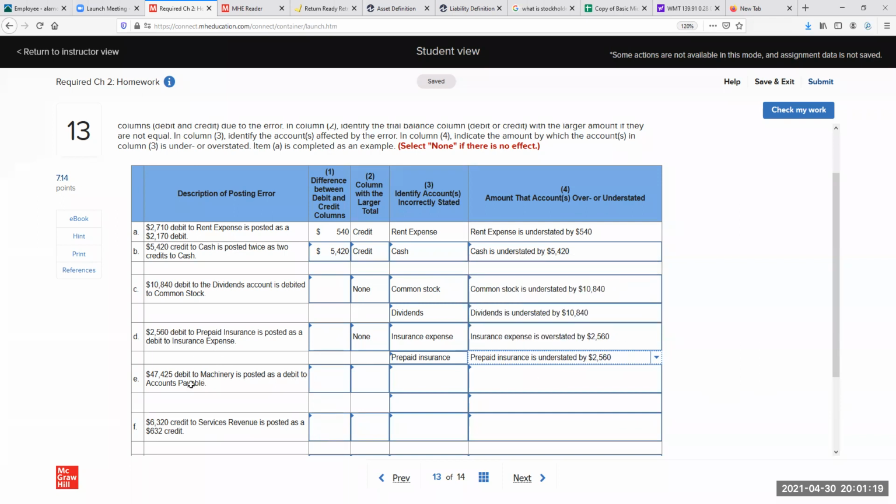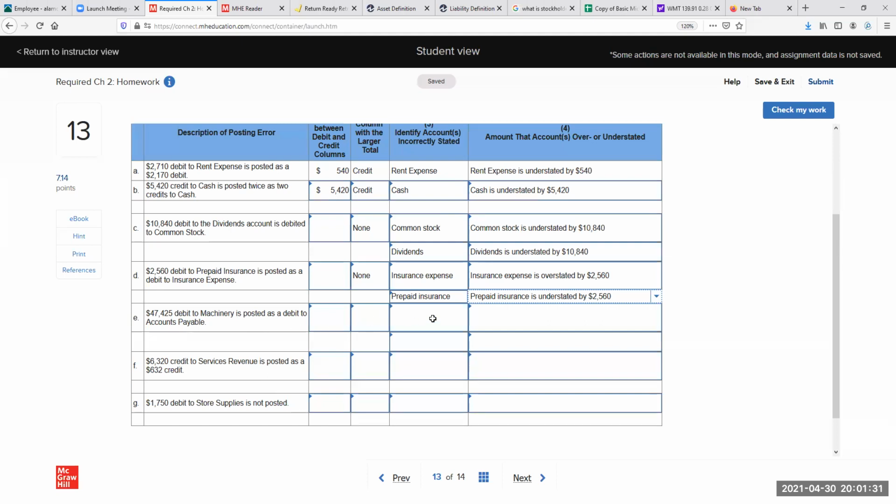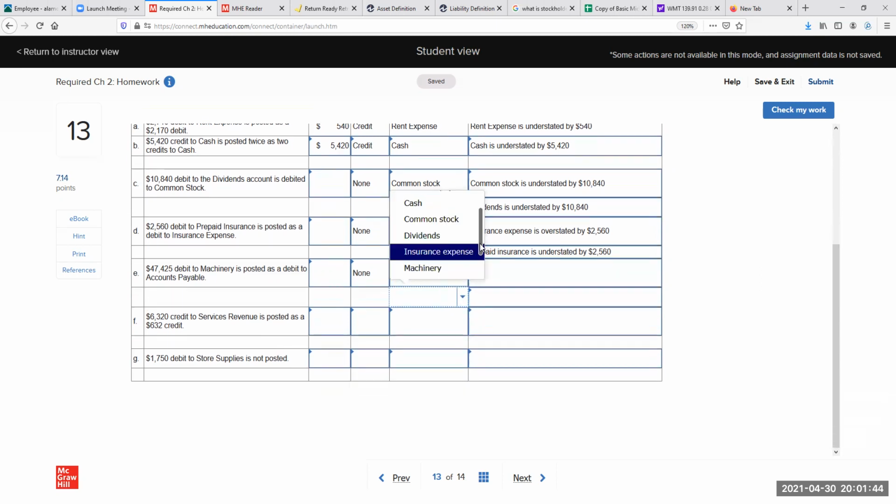Debit to machinery is posted as a debit to accounts payable. Wow. So what would the balance be off? No, I don't see it. I don't see anything there. We'll see if I'm wrong. So now what do we have here? We have 2 accounts, machinery and accounts payable. And what's the effect on accounts payable?